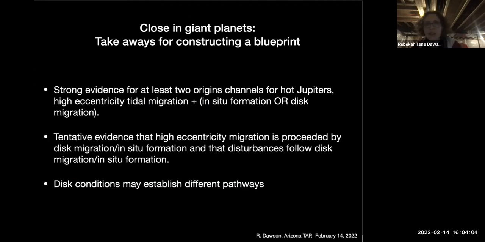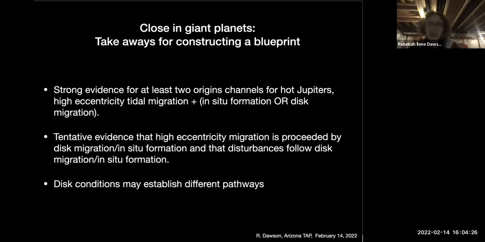So to summarize this part of the talk, there's strong evidence for at least two origin channels for hot Jupiters, one of which is high eccentricity tidal migration, and one of which is in situ formation or disk migration. From the current evidence, it's a little hard to tell the difference between those two.